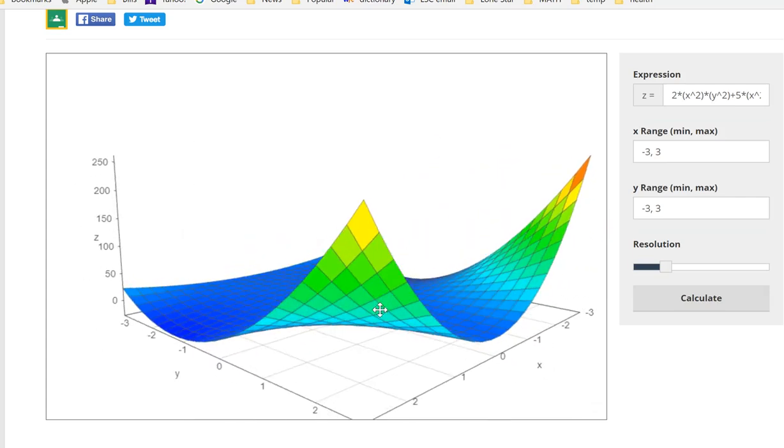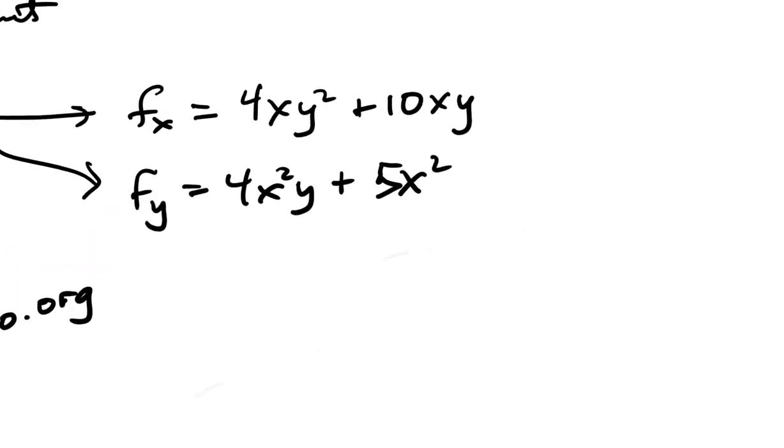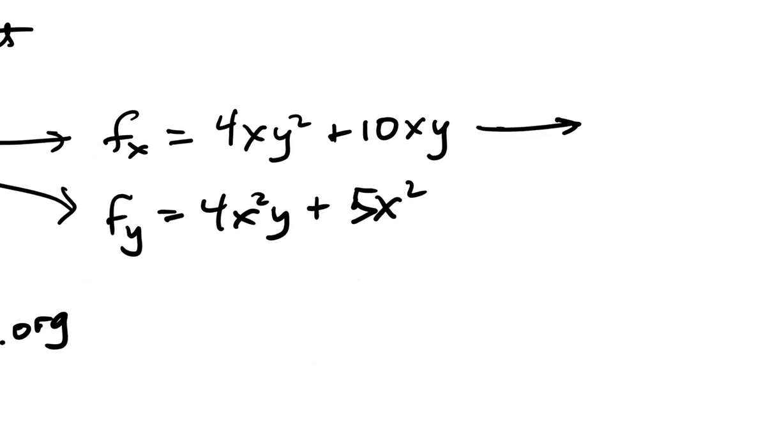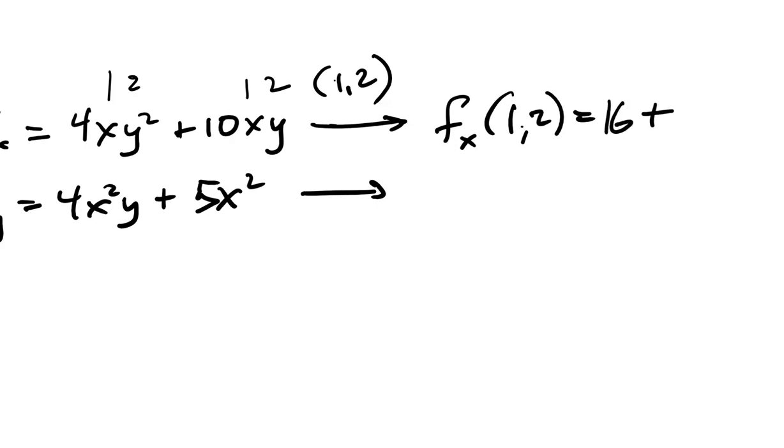All right, so let's go ahead and plug those numbers in and see what happens. So now I'm going to plug in the value 1 comma 2 into both. This is written as follows: f sub x at 1 comma 2. So when I plug in 1 for x and 2 for y, I'm going to get 16 plus 20.